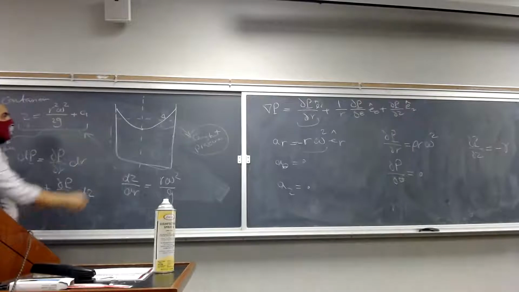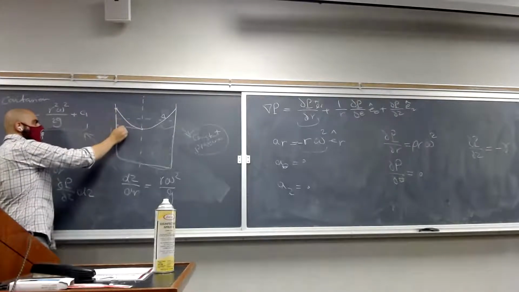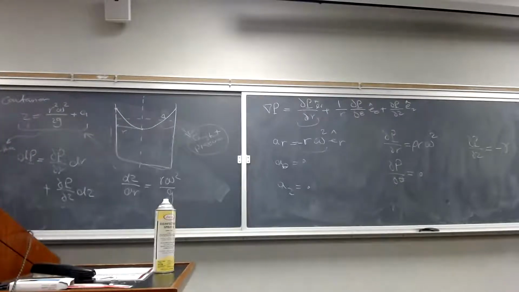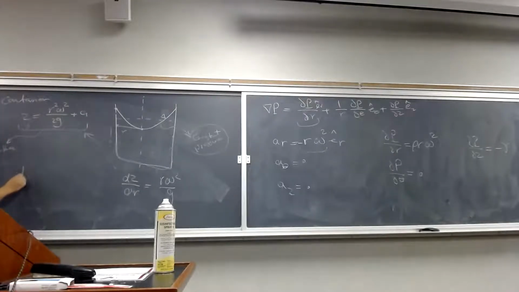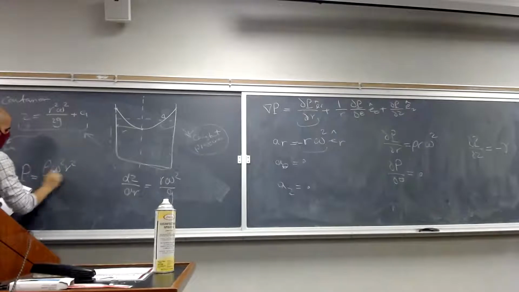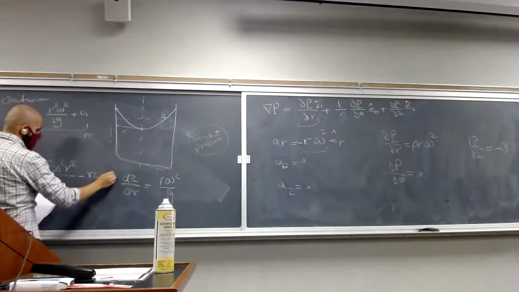Let's say you know the height at this location, and you know the radius here, you will be able to determine this constant C. Then we can also determine the pressure of this constant pressure line as a function of R and Z: rho omega squared R squared over 2 minus gamma Z plus another constant.